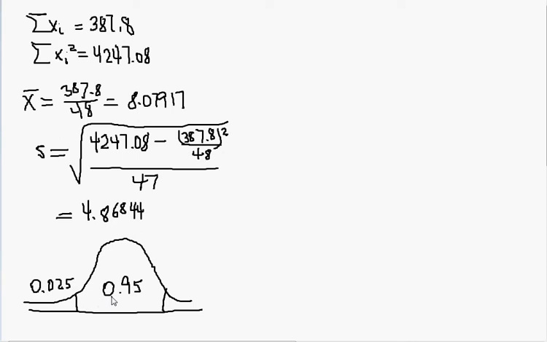And so either using Excel or the table or your calculator, you can figure out the 97.5 percentile, and that works out to be 1.95996.